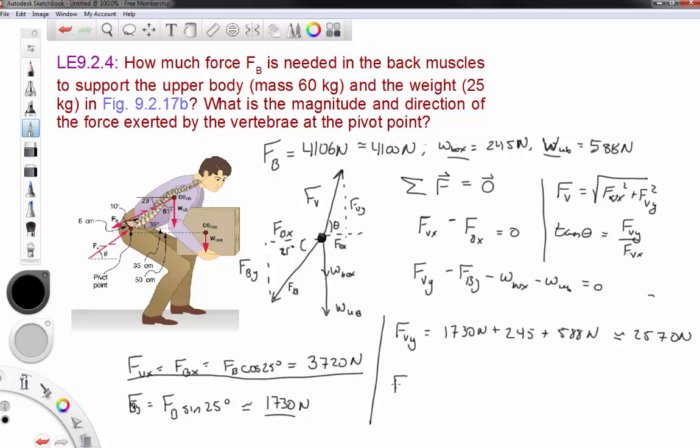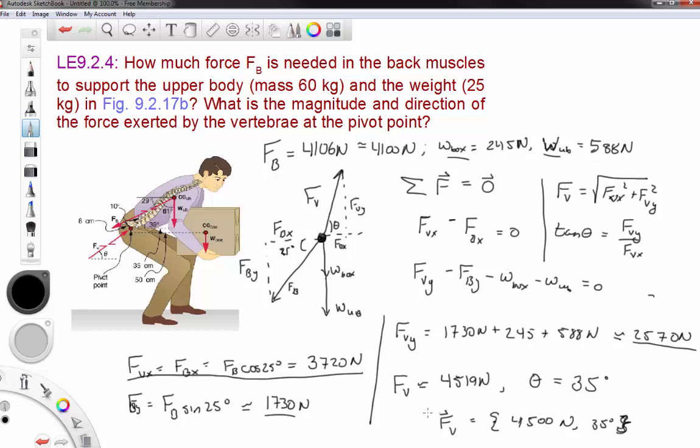Then using these two equations, the total force should be 4,519 newtons. And for the angle, we take the inverse tangent of the y component divided by the x component, and we end up getting about 35 degrees, 34.6 degrees. So the vertebrae is giving us a total force of about 4,500 newtons in the 35-degree direction.